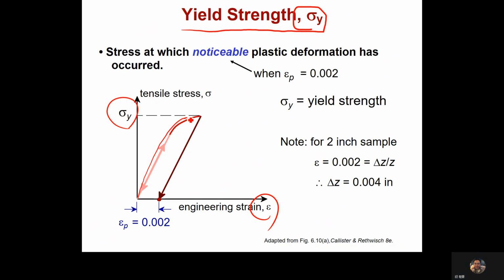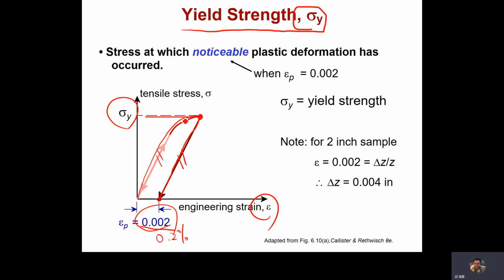We take an offset of about 0.2% of the strain and plot a line parallel to the elastic region, and we find the intercept here.